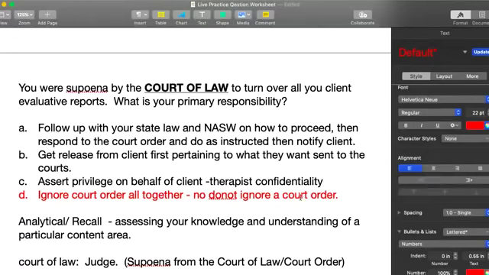Then we have C, assert privilege on behalf of the client. Well, you're receiving a court order from a judge, from the court of law, stating that this is what they need and this is what they're requesting from you.